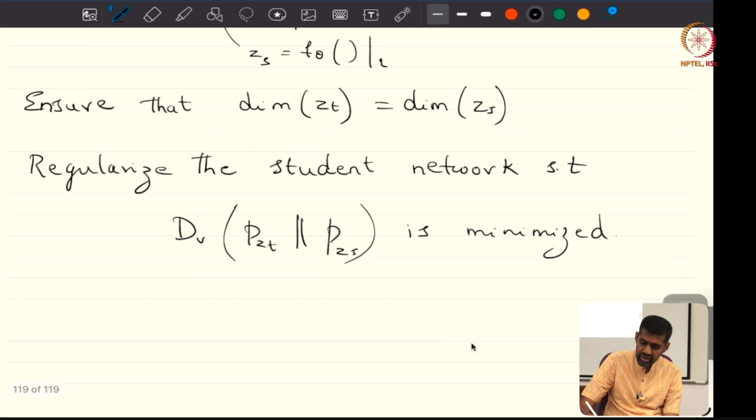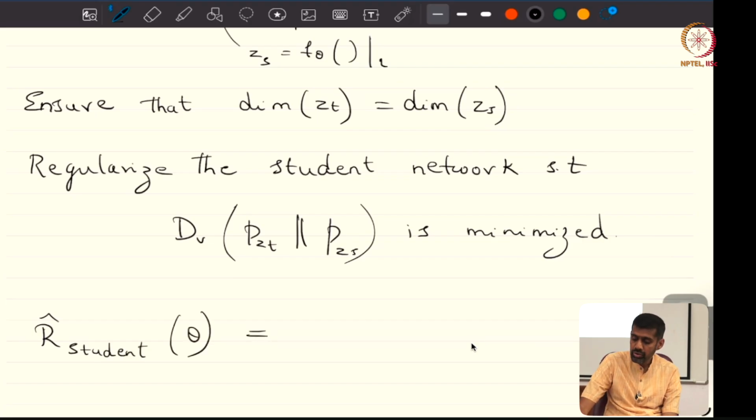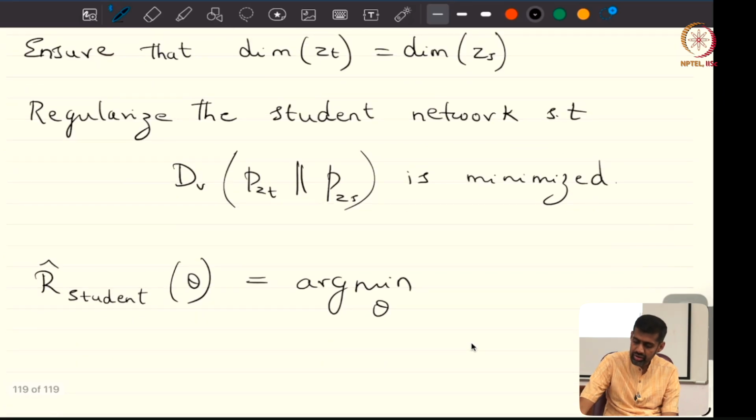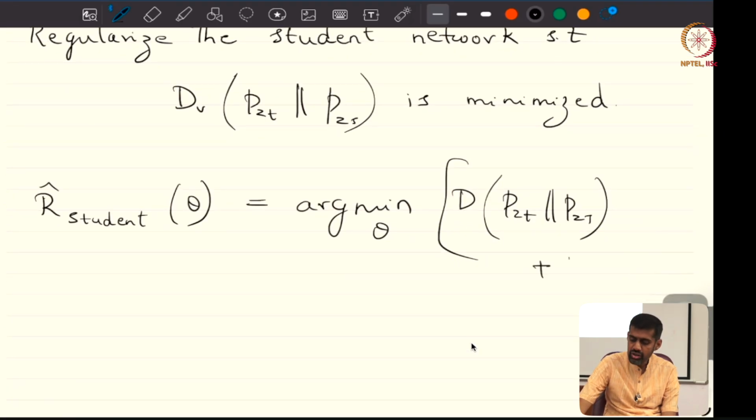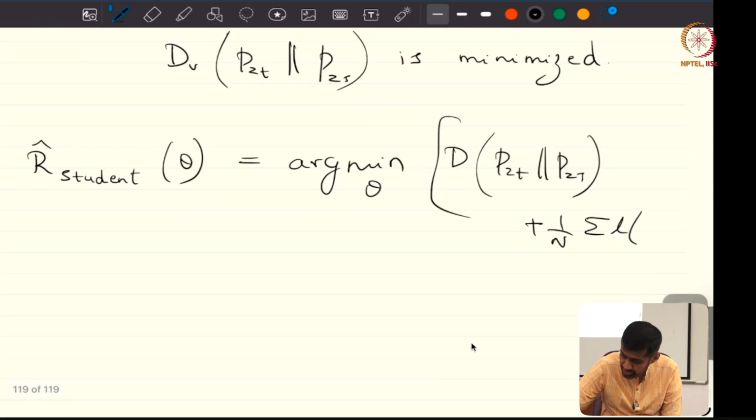So, the empirical risk for the student network will be: minimize over theta the divergence between P_ZT and P_ZS, plus the usual empirical risk or the usual loss function that we define on the student.